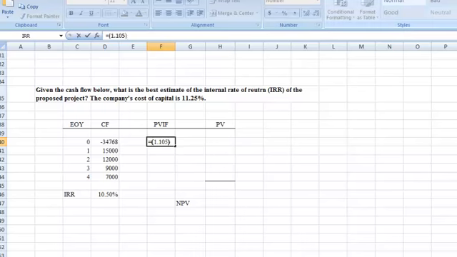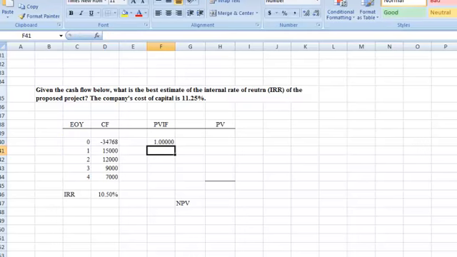And then we raise that to the minus 0 power, because we're discounting. We're going to do these at the end of the year, that's what EOY is, and we want to know what they're worth today. So we have to discount, and putting the minus in makes it discounting.